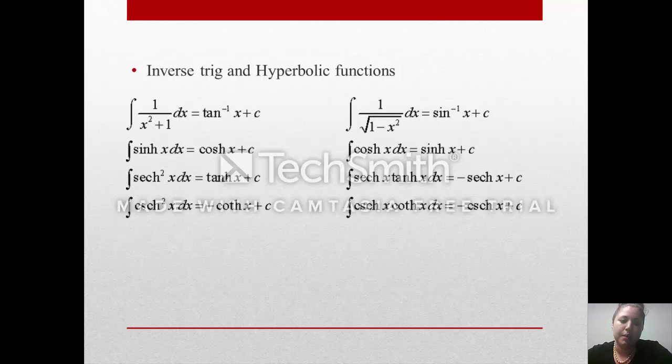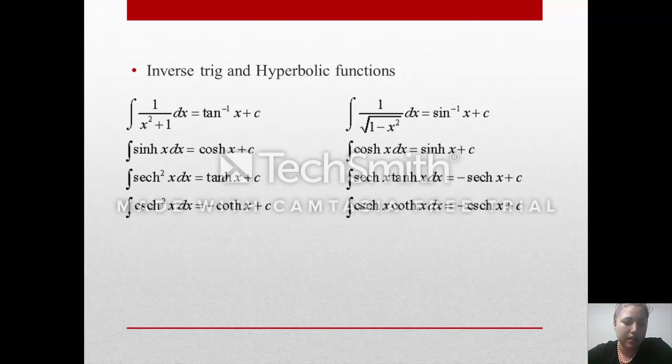Inverse trig and hyperbolic functions are the same as regular trig functions. They have special derivatives, so they'll have special antiderivatives. So the antiderivative of 1 over x squared plus 1 equals inverse tan. The inverse sine equals inverse cosine.